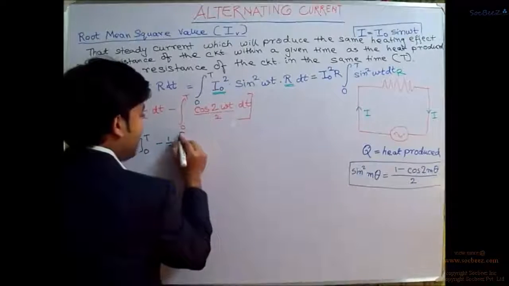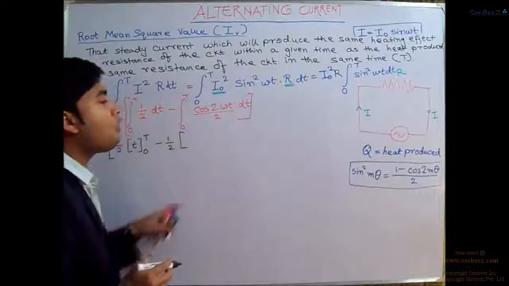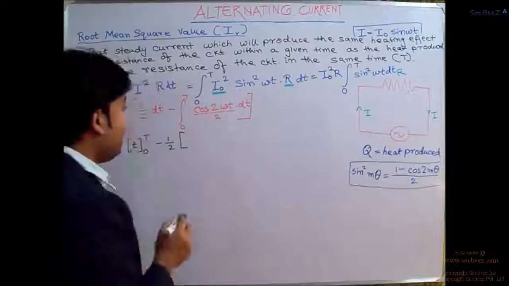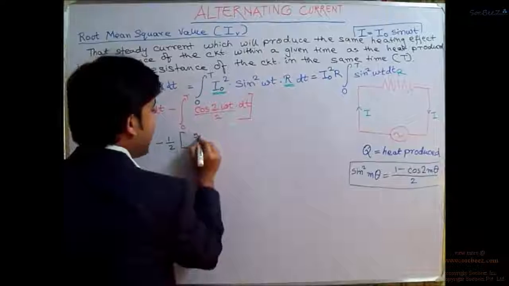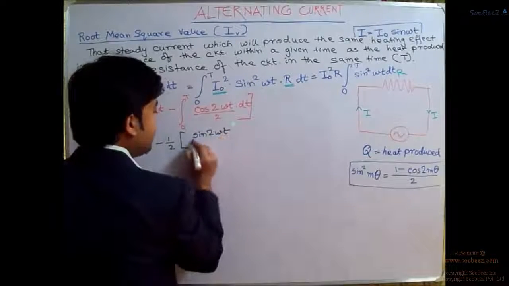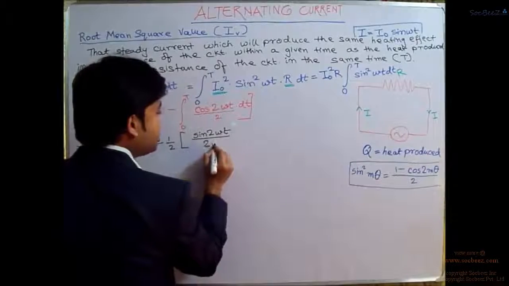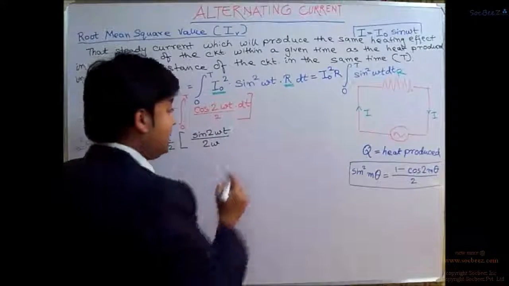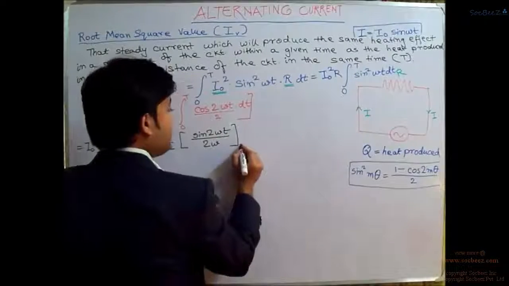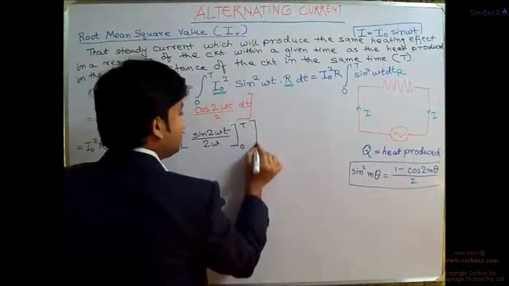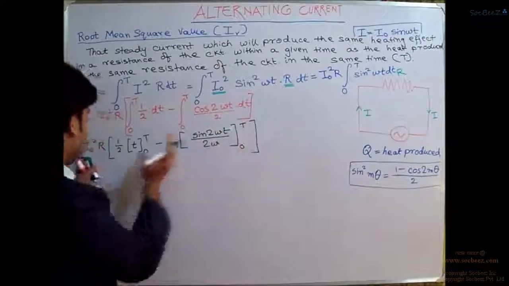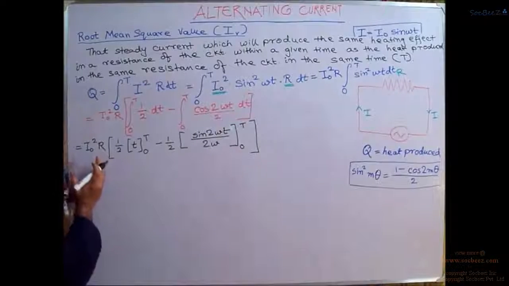And the integration of cos 2 omega t will be sine 2 omega t divided by 2 omega, within the limits from 0 to capital T, and this entire thing will be inside the bracket multiplied by I square multiplied by R.